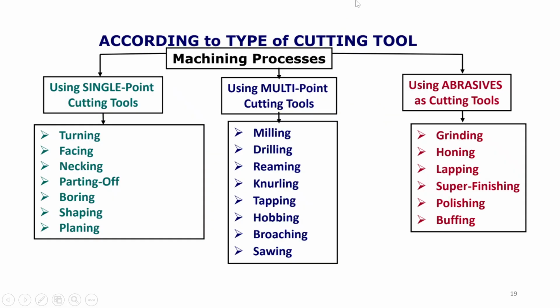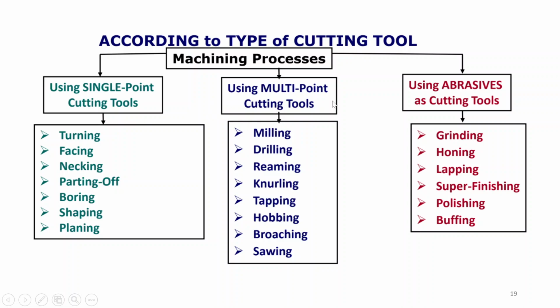Now according to type of cutting tool, machining processes are of three types: using single point cutting tools, using multi-point cutting tools and using abrasives as cutting tools. In case of single point, you have these machining operations that you can use, such as turning, facing, necking, parting off, boring, shaping, and planing.